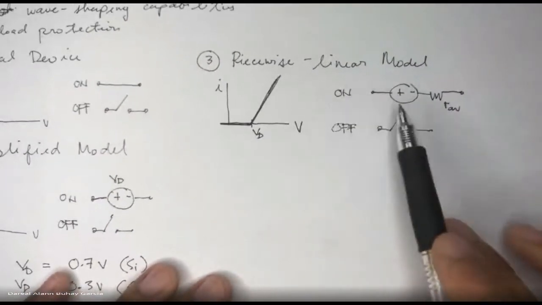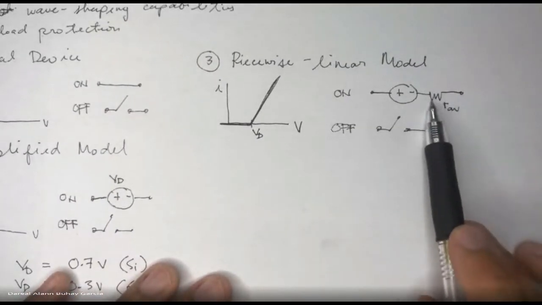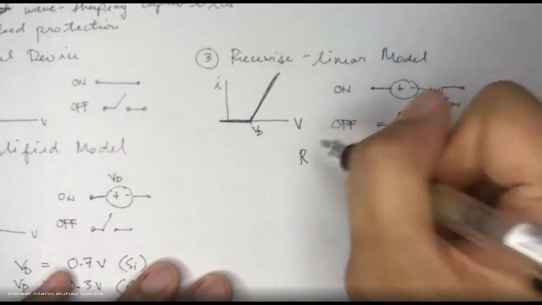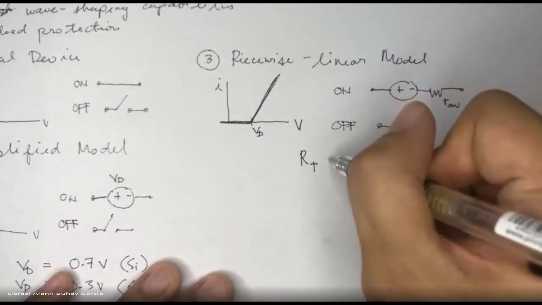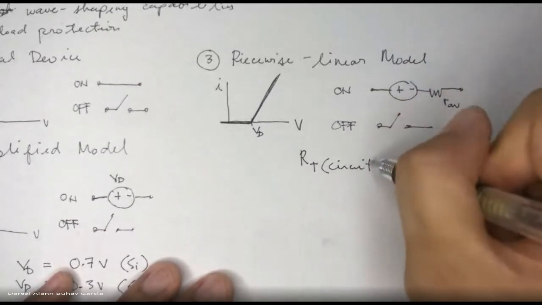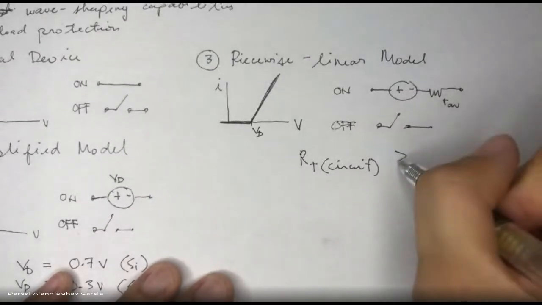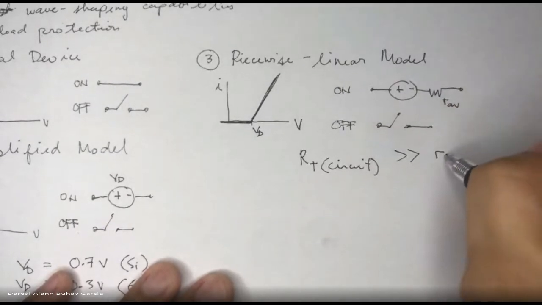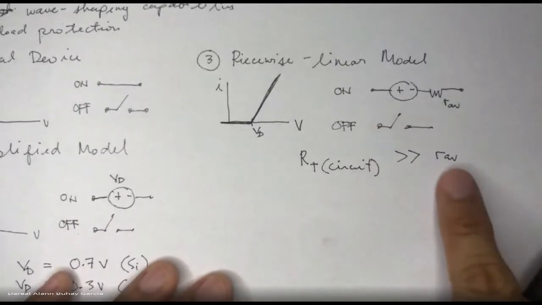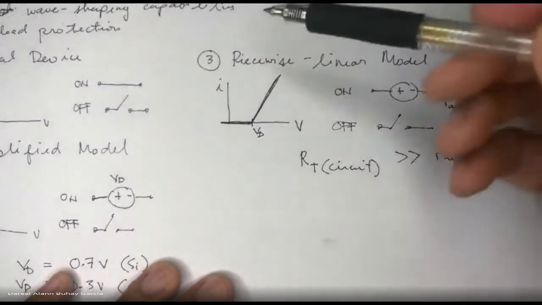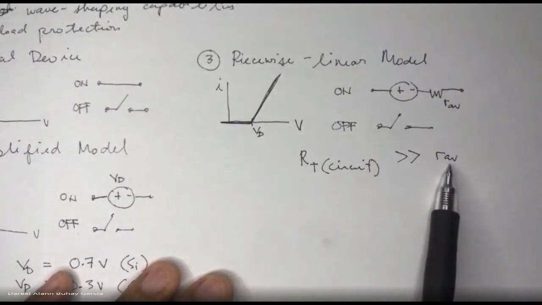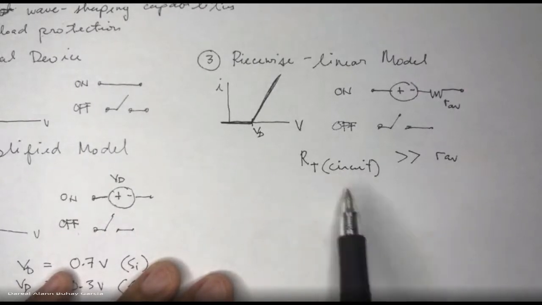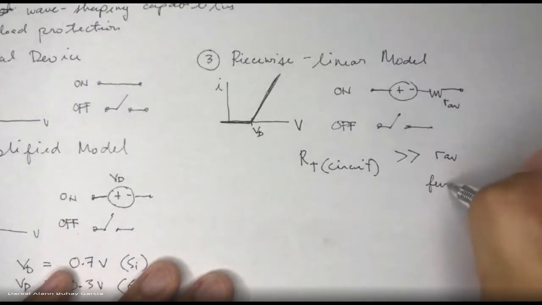With the piecewise model, a resistor is added to our analysis. So if the total resistance of our circuit is very much larger than this one, the value of the average resistance of our diode is only a few ohms, less than 10 ohms.